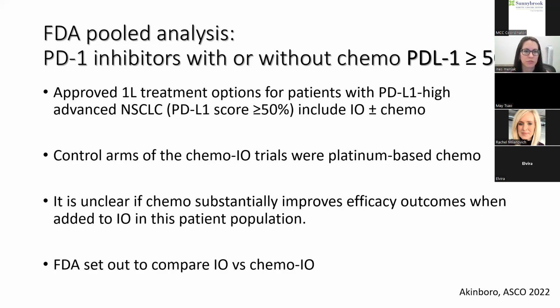The control arms of those studies that looked at the combination included just the platinum-based chemo. They did not compare to immunotherapy alone, and it's unclear if chemo does substantially improve outcomes in this particular patient population. So the FDA set out to try to make that comparison.